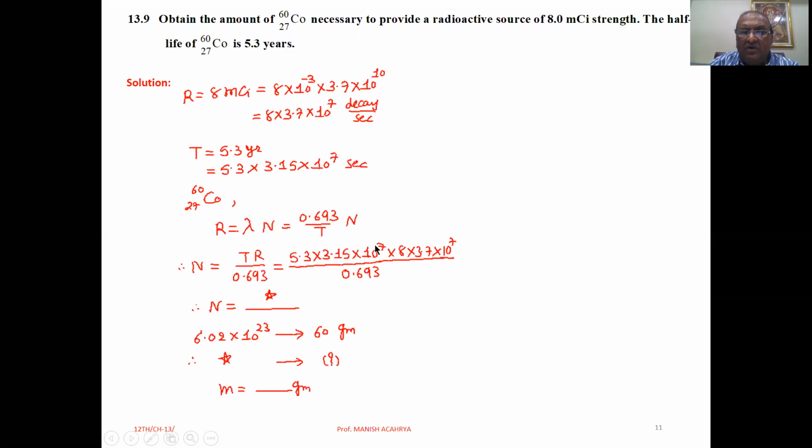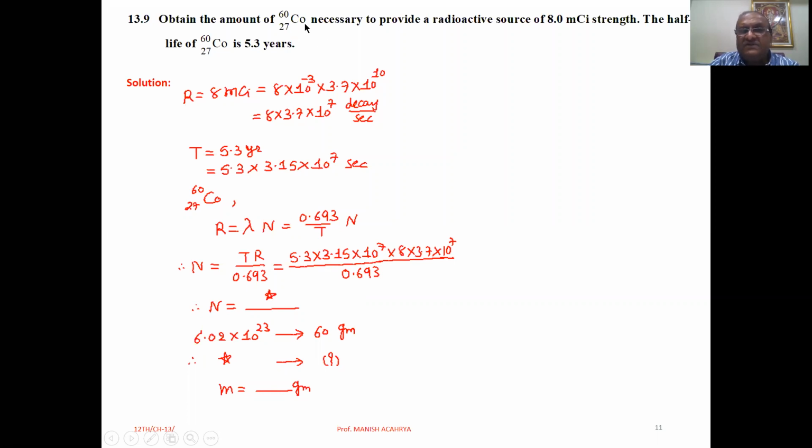T is given to you, substitute its value. R is given to you, substitute it, upon 0.693. Solve it, you will get N, the number of undecayed nuclei.